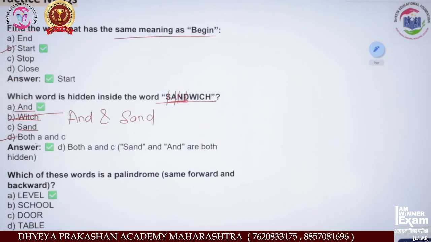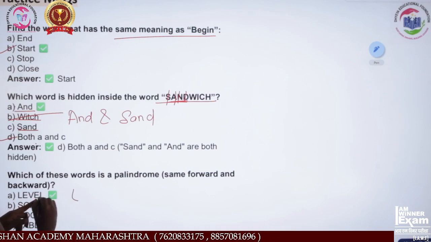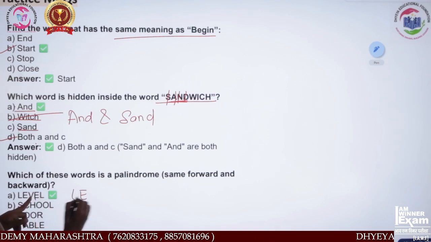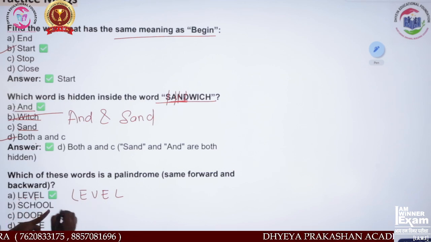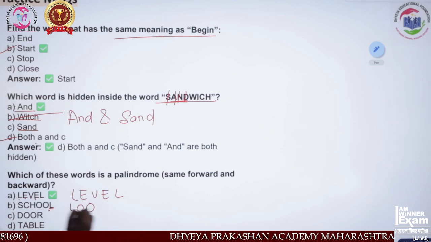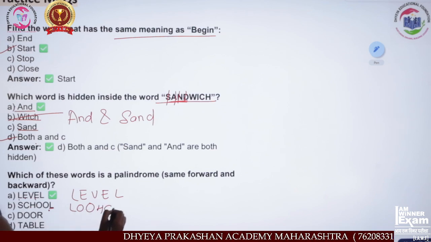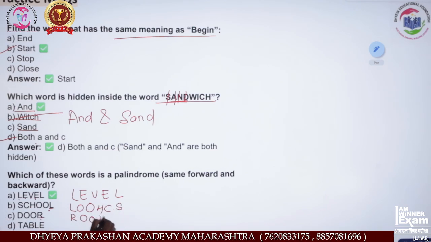So let's check. This is the word. Writing it from the last, that is L-E-V-E-L, level. Then writing the second word from last, L-O-O-H-C-S. Then R-O-O-D.